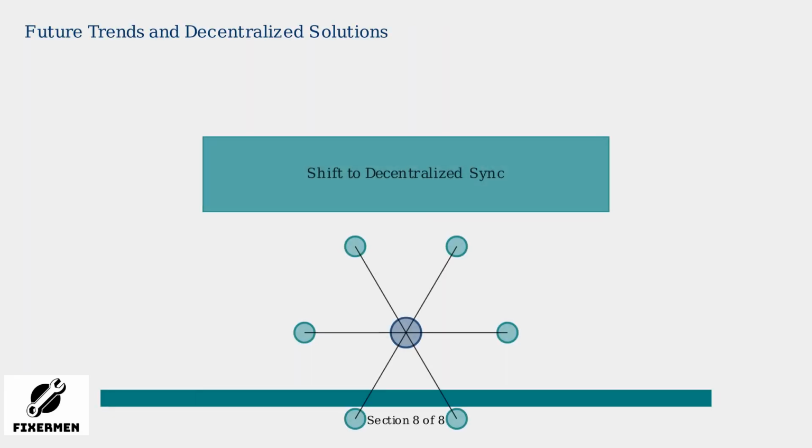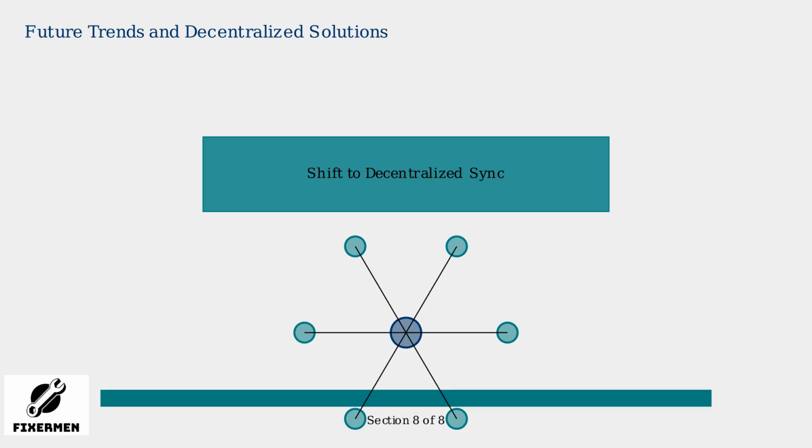Looking ahead, the trend in data syncing is moving toward decentralized solutions. This shift is driven by growing privacy concerns and the reliability issues we've seen with traditional cloud services. Bongo Cat may adopt blockchain-based synchronization using technologies like Ethereum. This would provide tamper-proof data storage, ensuring your sync data remains secure and unaltered.